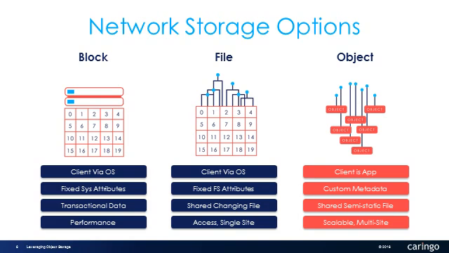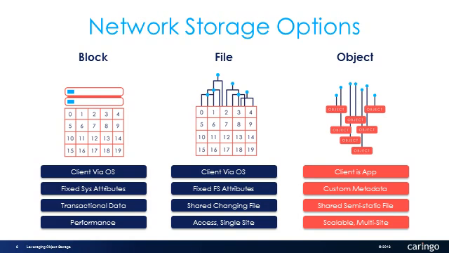Access for block storage is usually through a client on an operating system over Fibre Channel, iSCSI, ATA over Ethernet, etc. Those fixed system attributes are stored with the block. So block storage is ideal for transactional or structured information like relational databases or running VMs, and that's optimized for performance or IOPS.